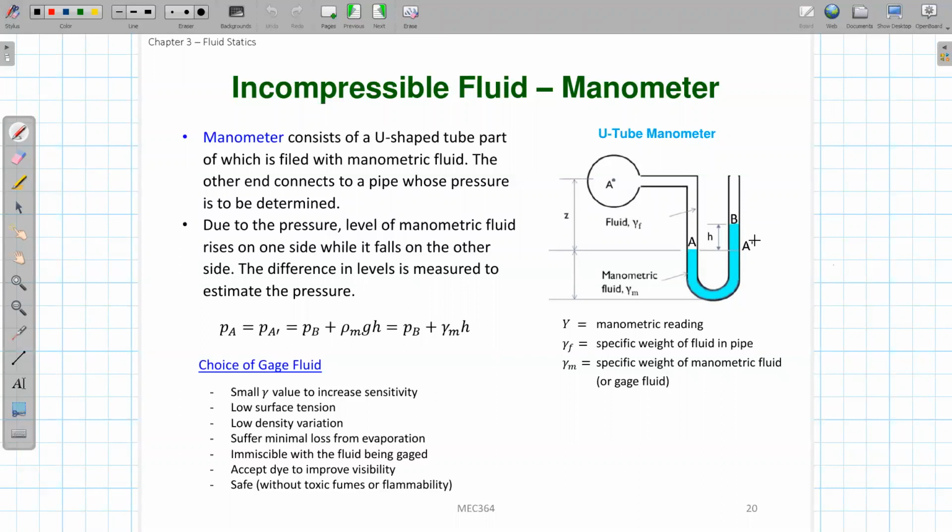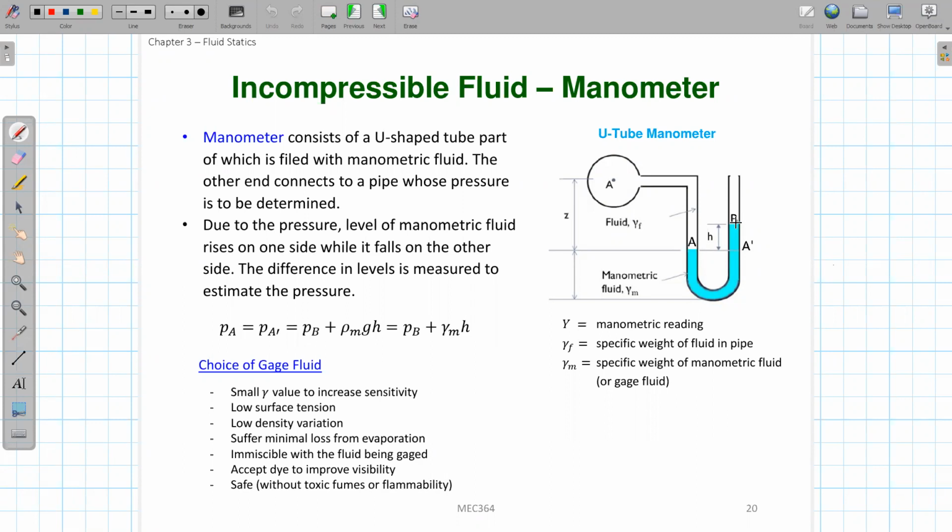It can be simply calculated by using this additional depth h inside the manometric fluid. Think about this point B here and the pressure at point B. In most cases we will know it, because if this tube is open to the atmosphere, the pressure at point B is atmospheric pressure.